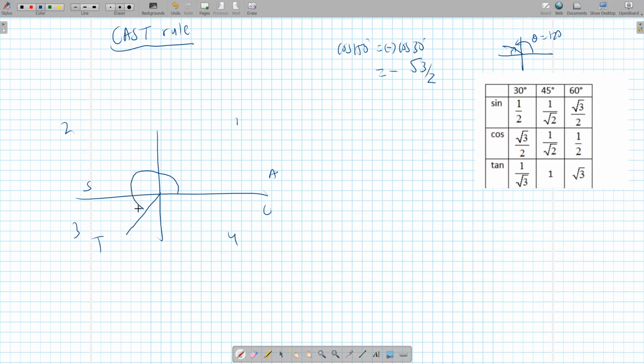Our principal angle is 240 degrees. Now we're in quadrant 3, okay? What if I asked you, what's our acute angle? Our acute angle is always going to come from that 180-degree line.